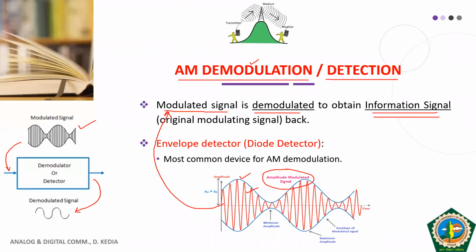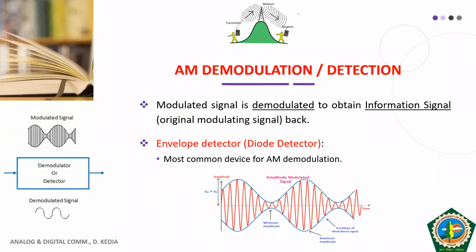I told you in the beginning itself that the biggest advantage of AM is its simplicity. The generation of double sideband full carrier was obtained simply by multiplication of two signals. That was the beauty of simplicity of amplitude modulation. Similarly, the demodulation part is also very simple in case of AM.